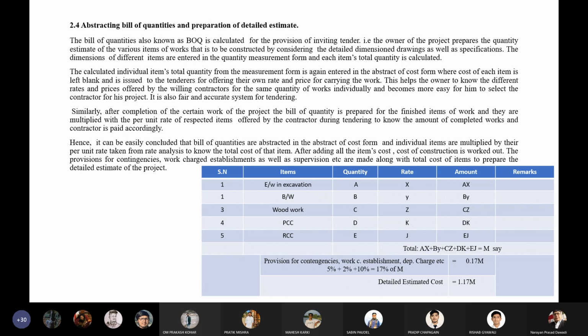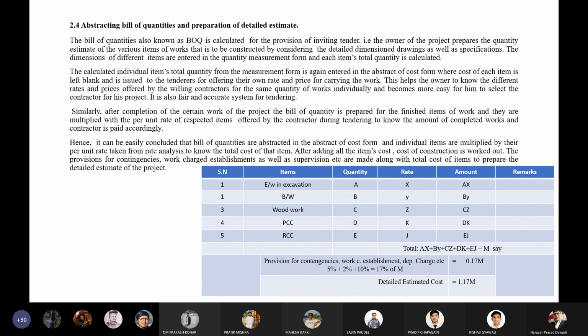Similarly, brick work: the total quantity of brick work is B, which is worked out in the measurement form, and that quantity is inserted in this abstract of cost form to know the bill of quantities. If the rate of the brick work is Y, then the total amount of brick work will cost BY rupees.